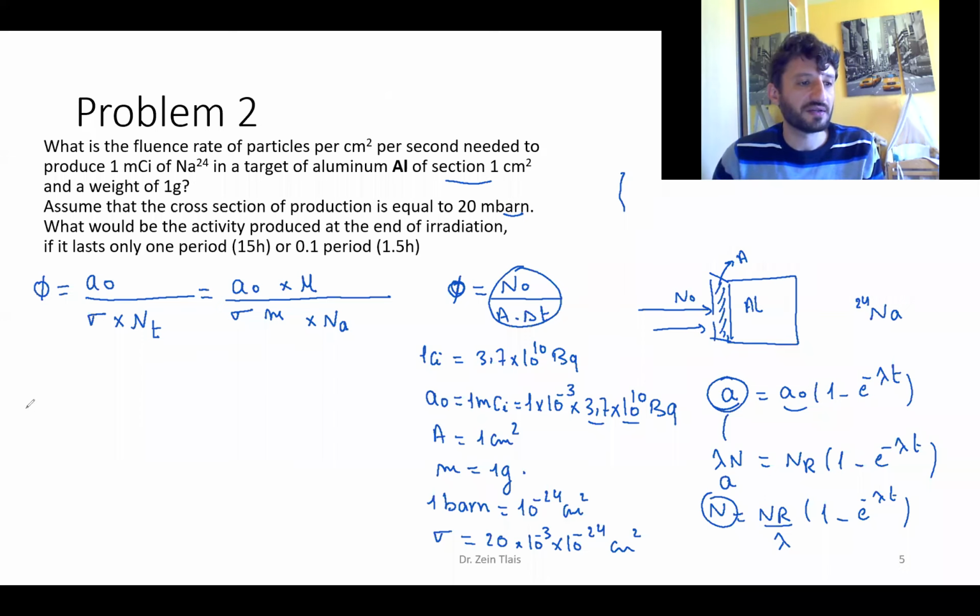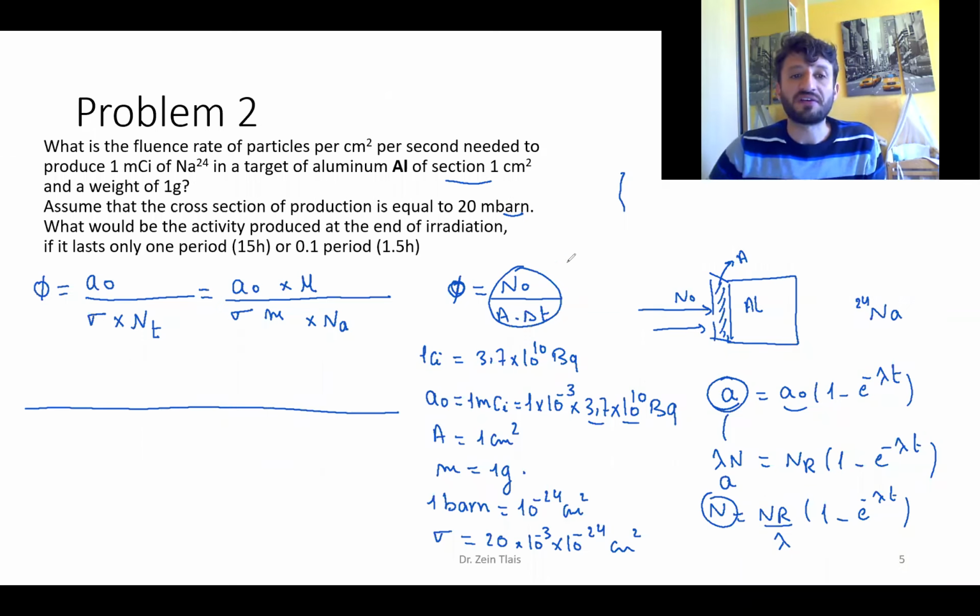So we can say here, you know, the flux must be in particles per unit centimeter square and second. So here we must have particles per centimeter square times second.